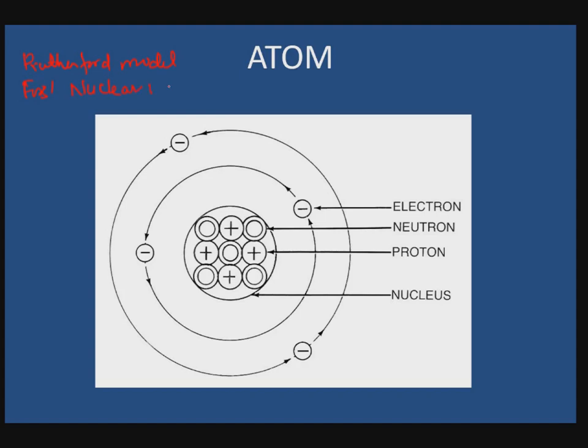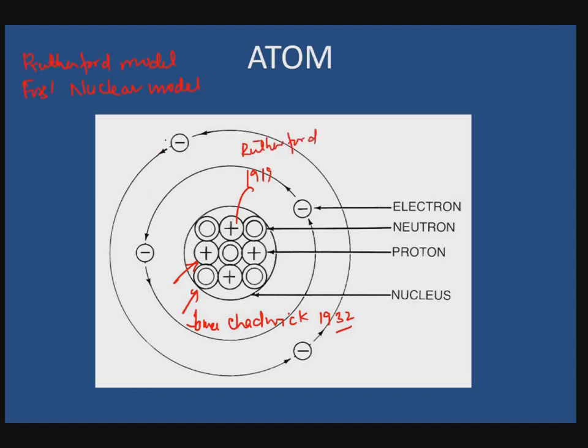In the nucleus we have protons, and there is a neutron, a neutral particle, which was discovered by James Chadwick in 1932. The proton was discovered around 1919 by Rutherford himself.